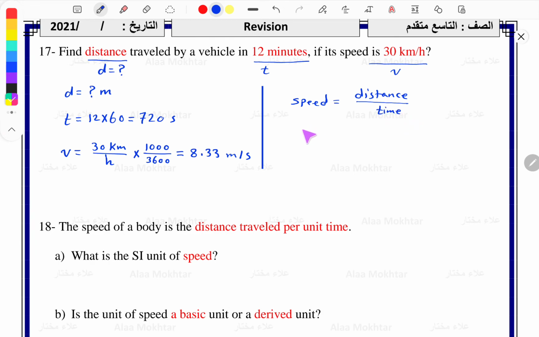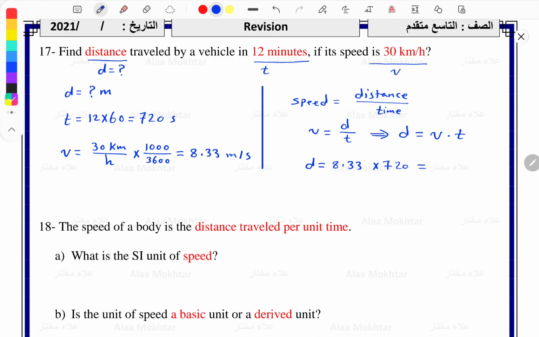We can write it like that, V equals D over T, so distance equals speed multiplied by time, V multiplied by T. Distance equals V, 8.33 meter per second, multiplied by time 720 seconds.